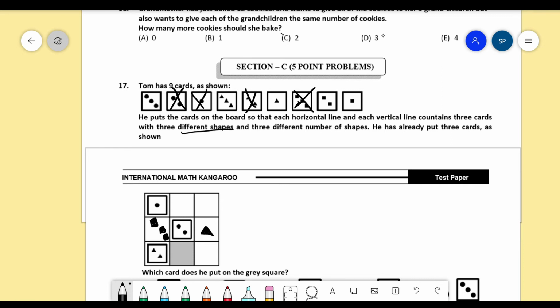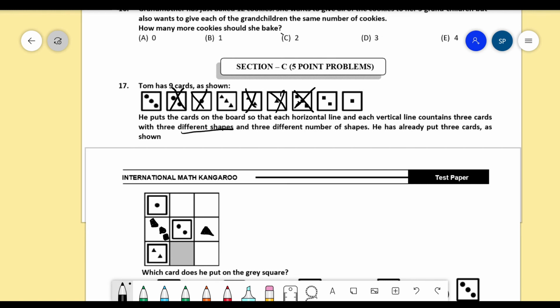Now looking at this second column here, one of these boxes has to have 1 shape and one of these boxes has to have 3 shapes. But since there's already 1 box with 1 shape over here, this row cannot have another box with 1 shape. So only this box has to have a shape that's only one time there.